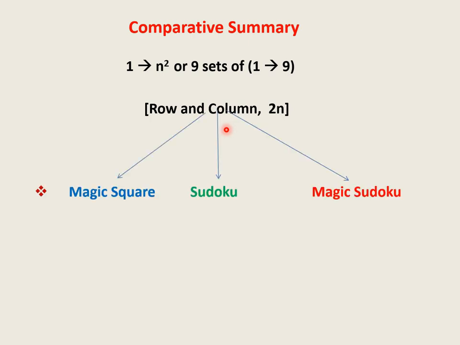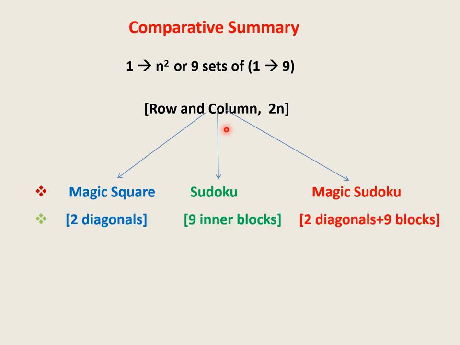And then for the three different problems, some extra features are added. 2 diagonals for Magic Square, 9 inner blocks for Sudoku, and if combined, 2 diagonals and 9 blocks for Magic Sudoku. Another point is that for Magic Square you can use any n, 4, 5, 6, 7, whatever.